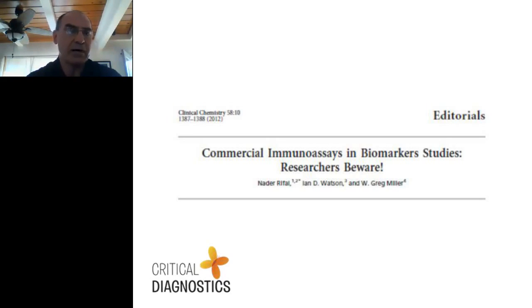And what he pointed out in this editorial article is that investigators can be significantly misled, and the field can be misled, by using research use reagents if there's a characterized and validated test available. The difference is that many of the research use reagents might be perfectly functional.